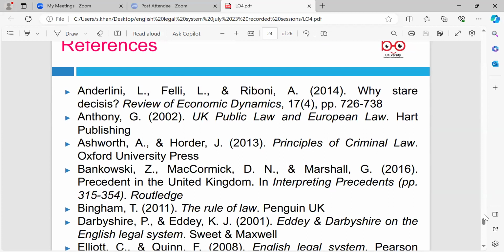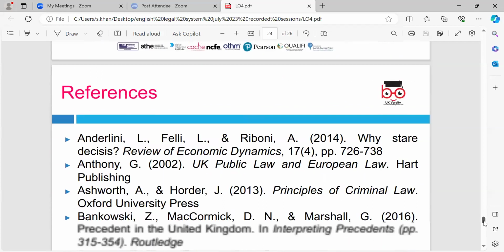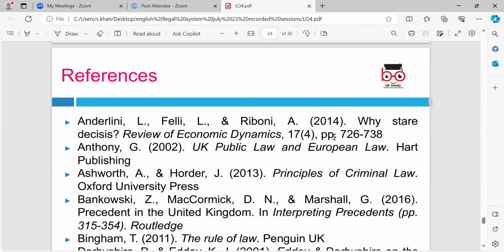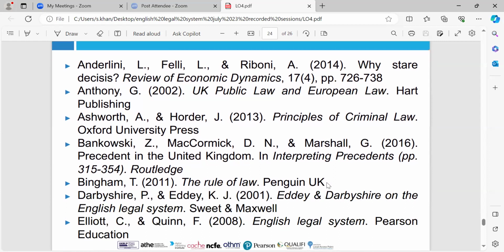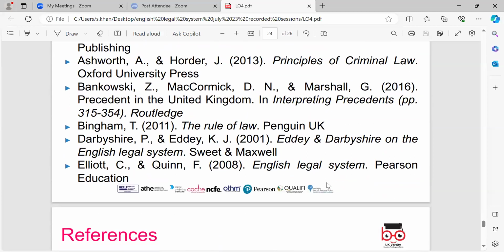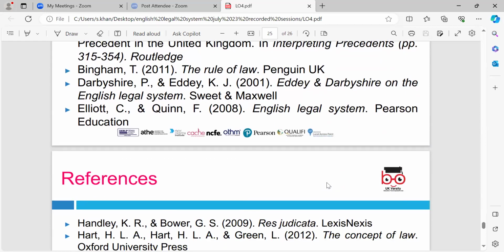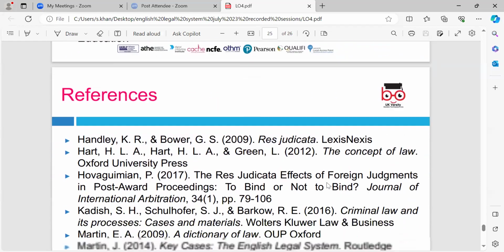So we've finished the session now, and these are some of the references that have been used for Learning Outcome 4, which is the review of economic dynamics, UK public law and European law, Hart Publishing, Principles of Criminal Law, Oxford University Press, Marshall G. Preston in the United Kingdom in Interpreting Precedents, The Rule of Law by Bingham, 2011, Penny Derbyshire, English Legal System, Pearson, Elliott and Quinn.